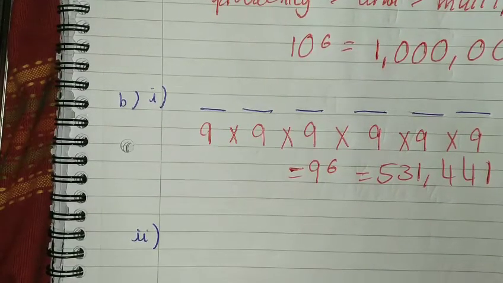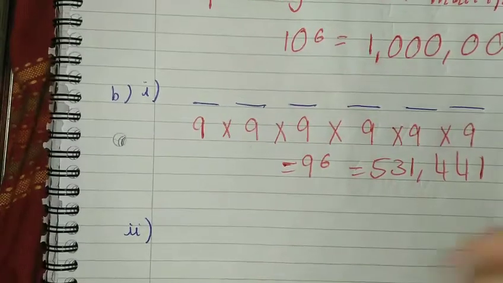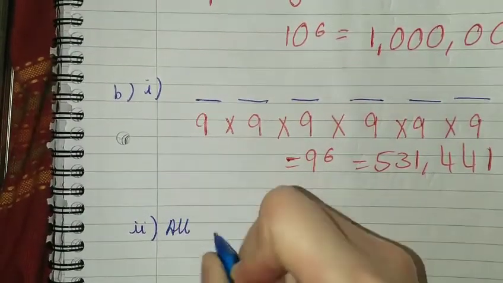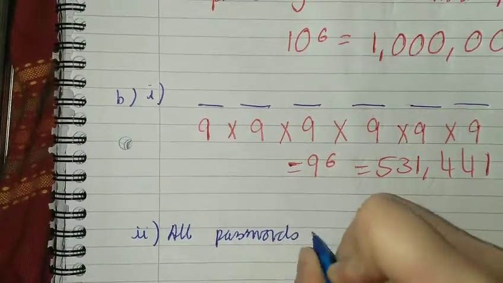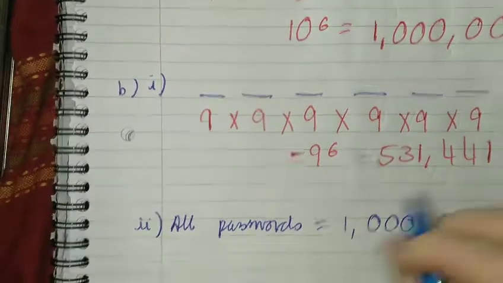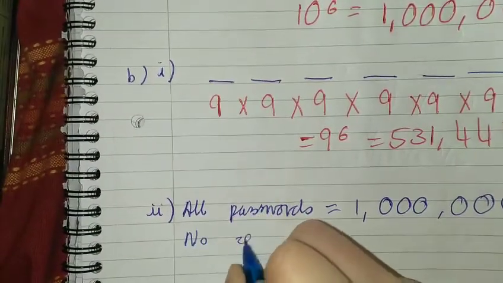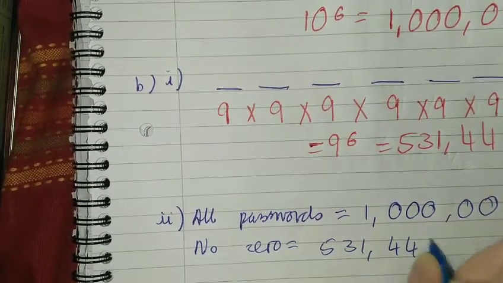And then we're told that one password is selected at random from all the possible passwords. What is the probability that this password contains at least 1 0? So we know the number of all possible passwords is 1 million. And the number of passwords with no 0 is 531441.